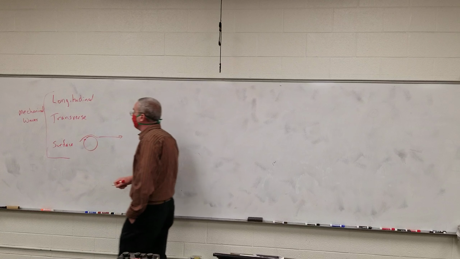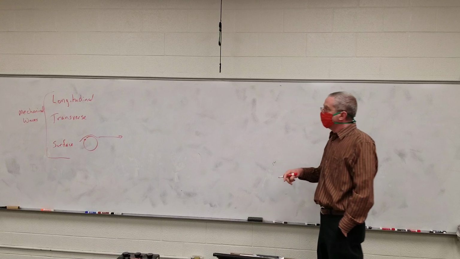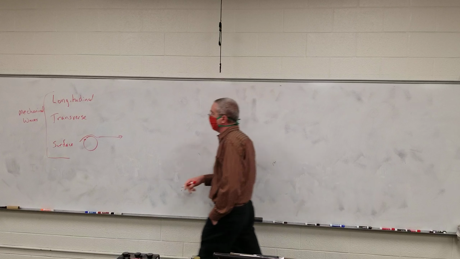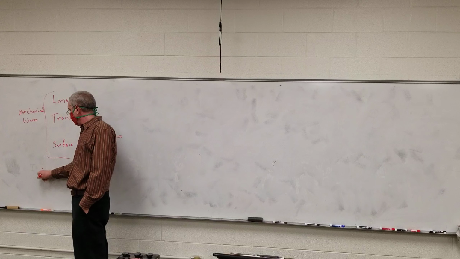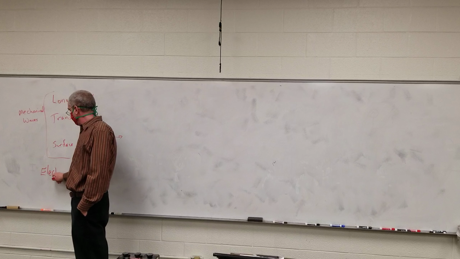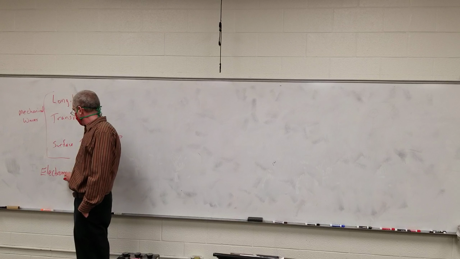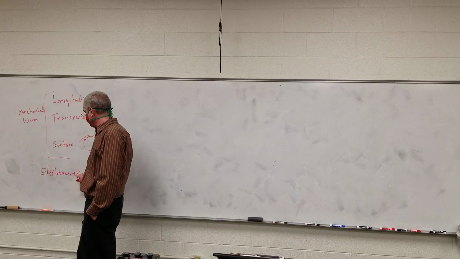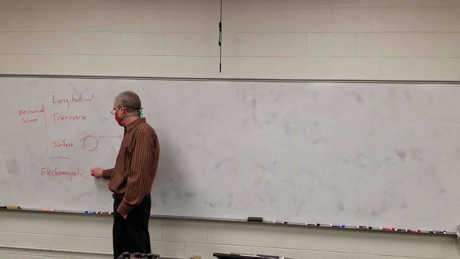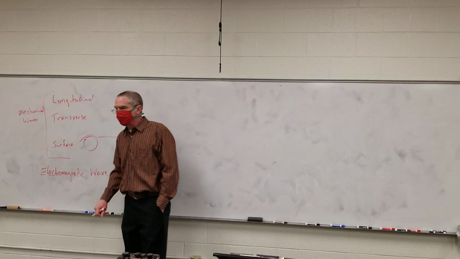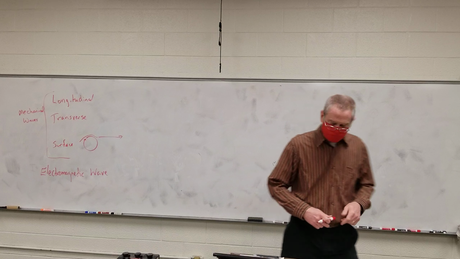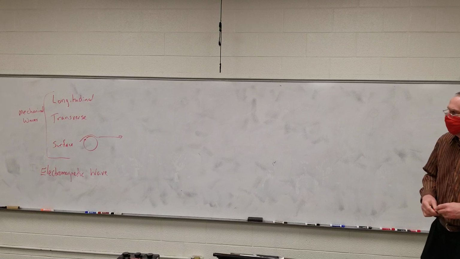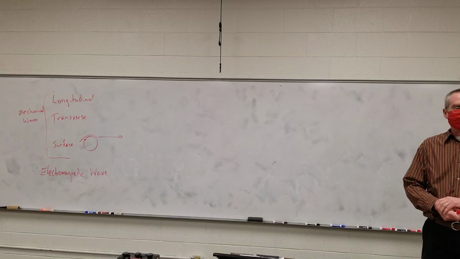And then the example of the wave which is not a mechanical wave is the electromagnetic wave, which I believe the textbook gets into in chapter 25 or so. In that one, that does not require a medium.